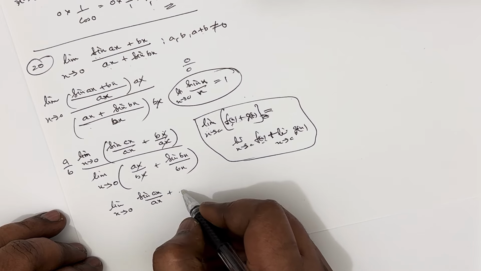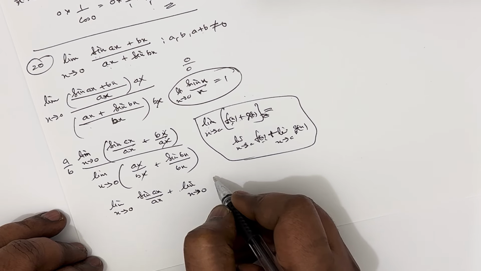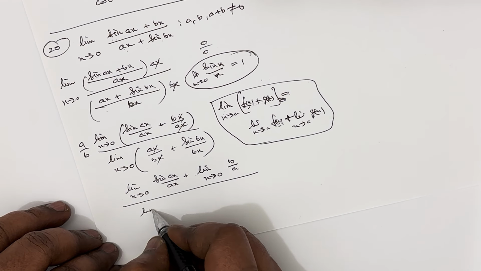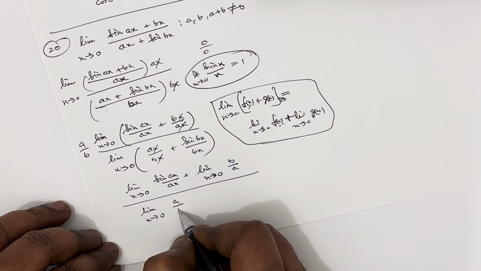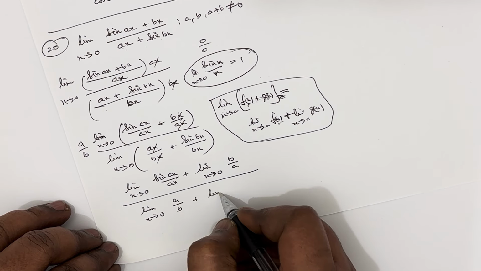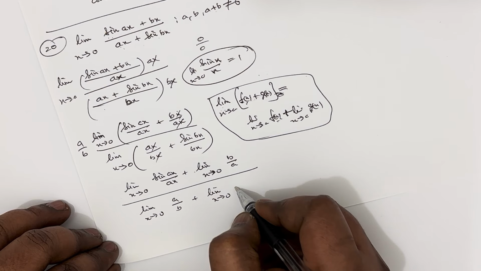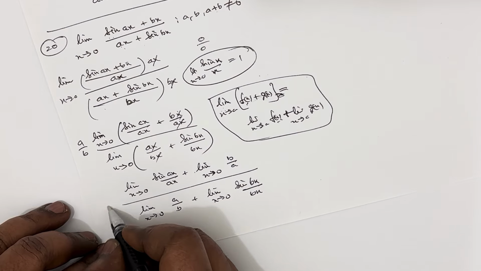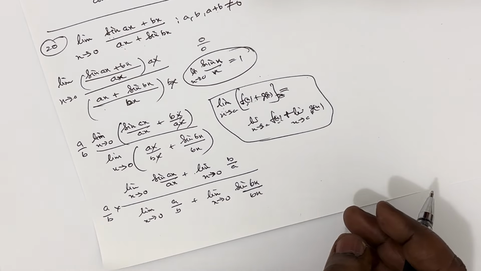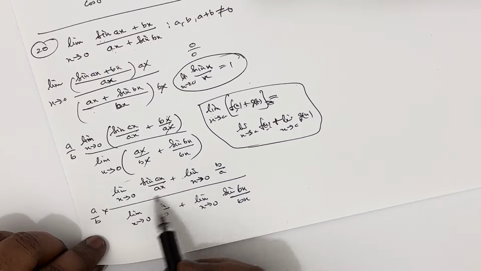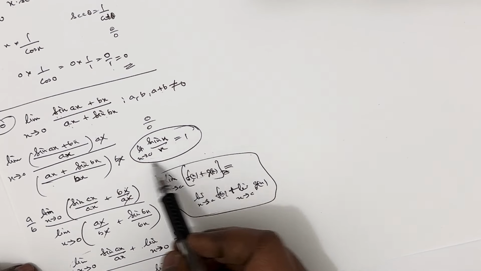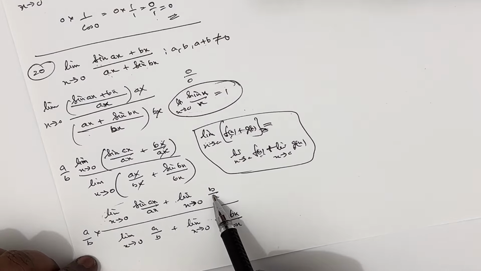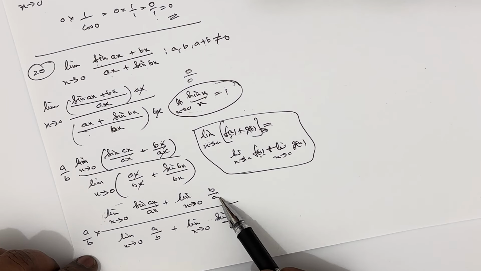So now you have limit x tends to 0 b upon a, whole divided by limit x tends to 0 a upon b plus limit x tends to 0 sine bx upon bx, whole multiplied by this a by b. Now you see this becomes 1 by the theorem. According to this theorem, this becomes 1 and this also becomes 1. Constant cannot apply the value, so a constant remains constant.